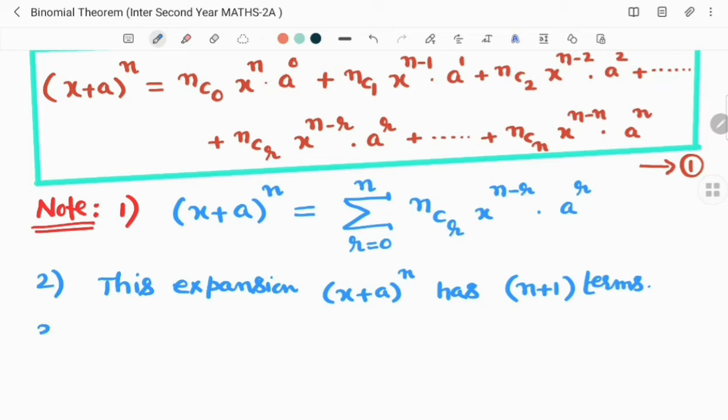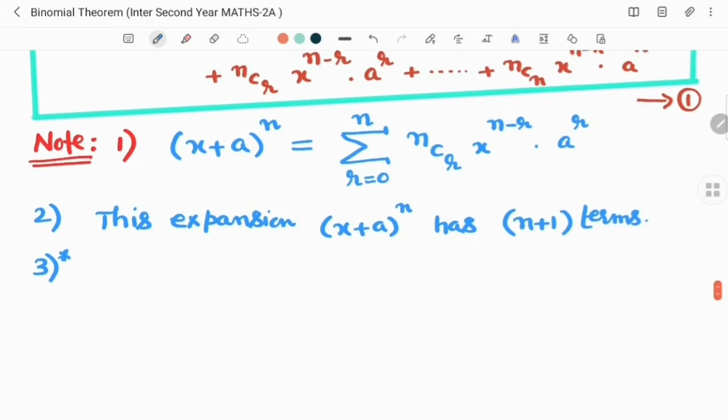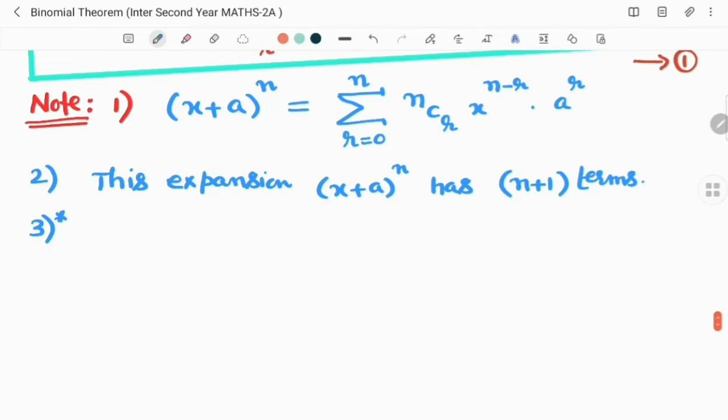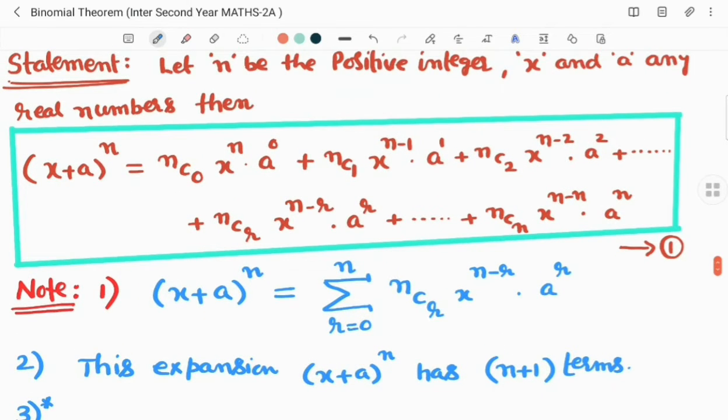The third point is a very important point. Keep in mind, dear students. In the expansion, this is nC0 the first term, nC1 the second term, and so on. nCr is there; before nCr, the nC(r-1) term is there.